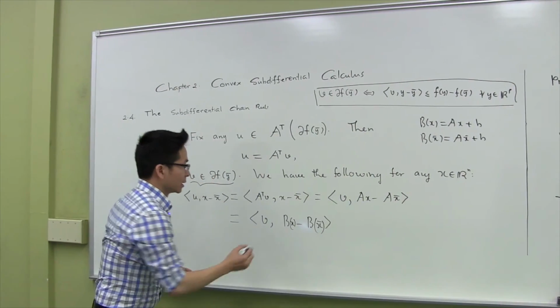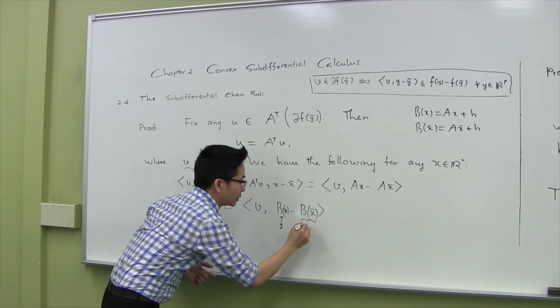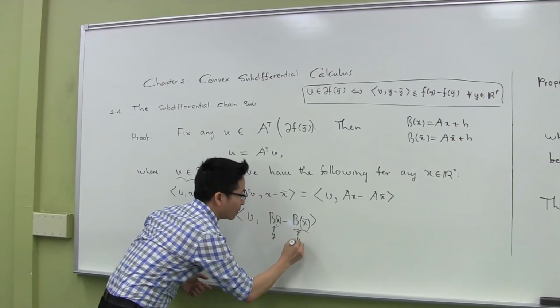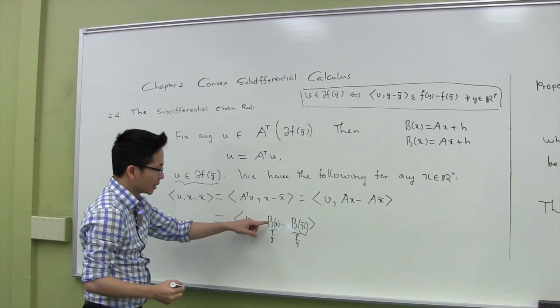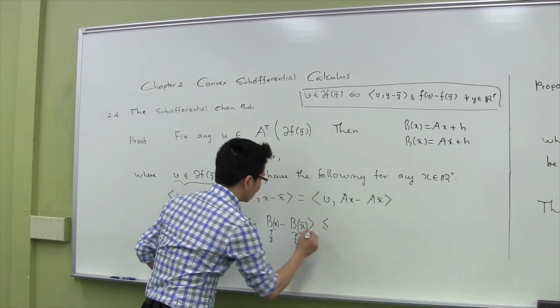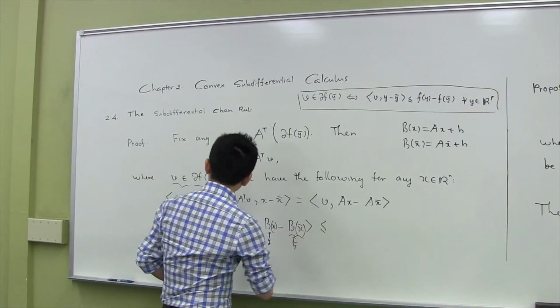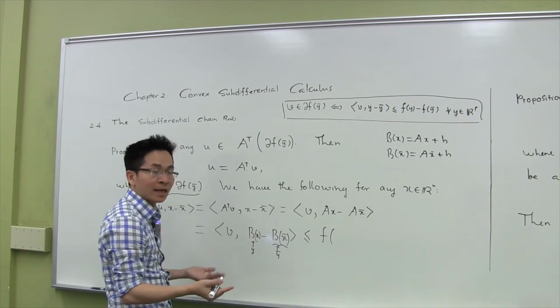So, in particular, here if we denote this by y, and we know that this is y bar, then the inner product of V and y minus y bar is always less than or equal to the following: f of y minus f of y bar.